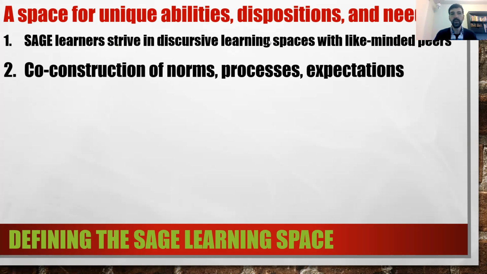Number two, we rely a lot on the co-construction of norms and processes and expectations. We do this because, as I iterated in the last video, our SAGE students tend to be very ethically oriented, very driven by deep underlying foundational ideals that they firmly believe ought to be given a space in their learning.